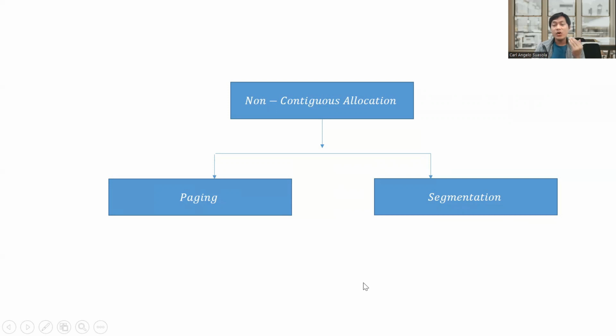In non-contiguous, any area of the memory can be allocated. From this, we have several algorithms that we'll be using: paging and segmentation. So first, let's have paging.